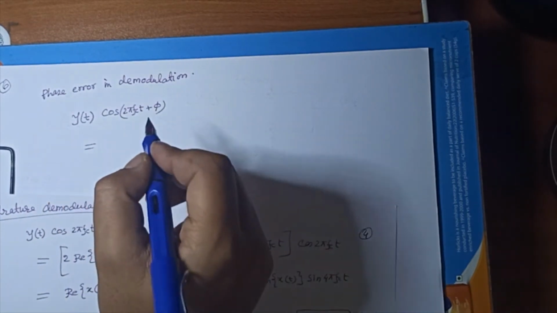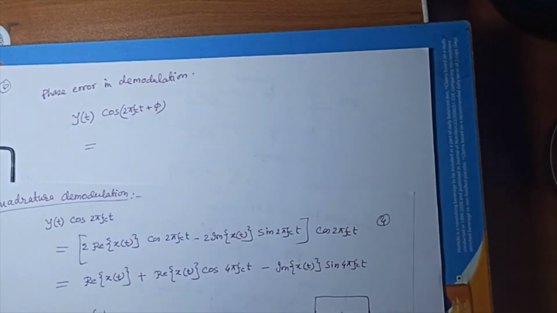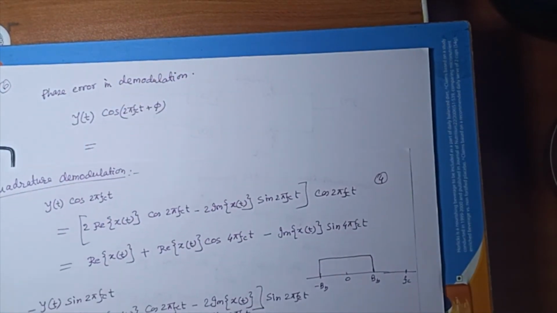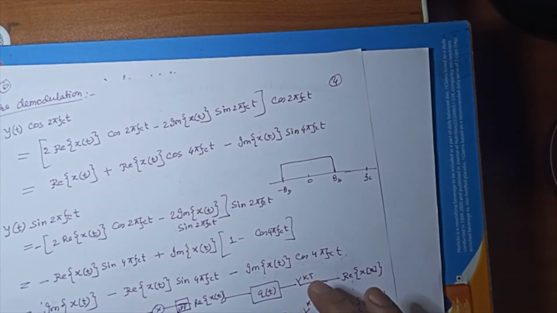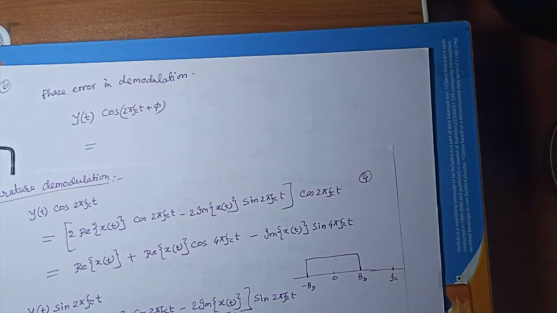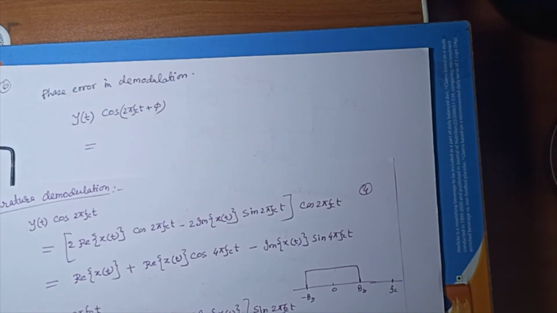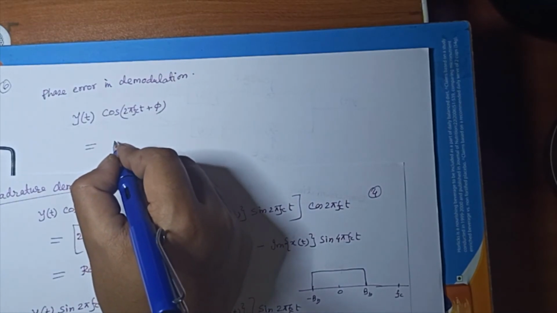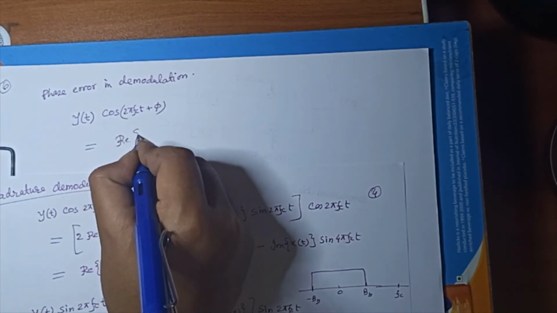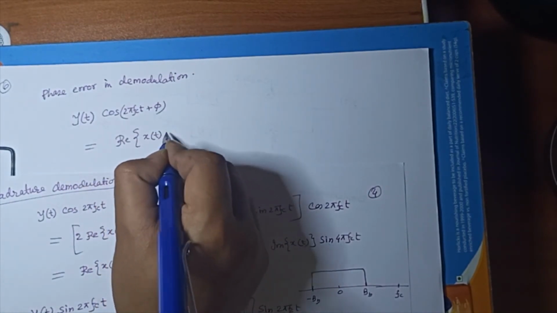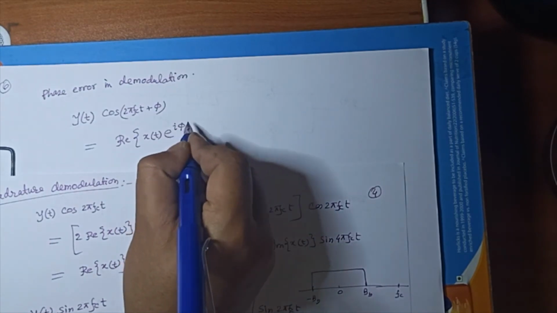If you pass it through the matched filter, suppose your kT is perfect and works fine, and this is a low pass filter, then this will be real of x(t) e to the power j phi.